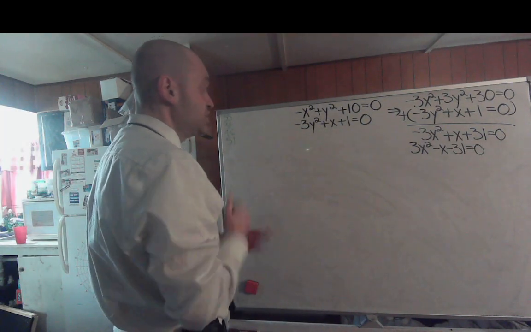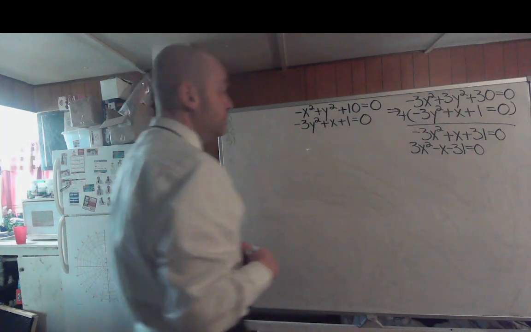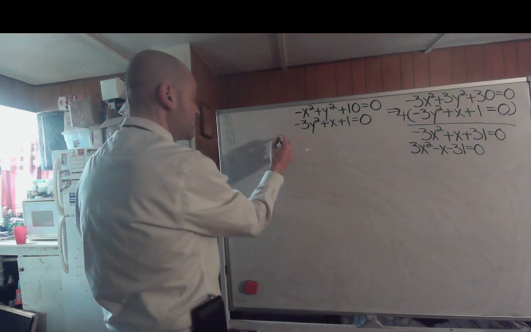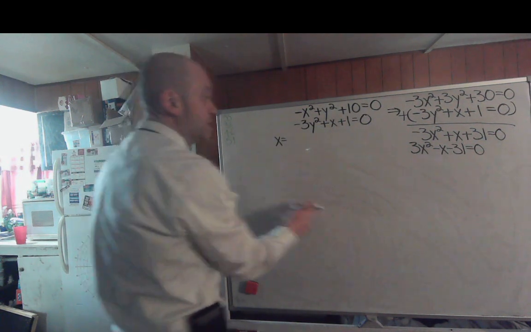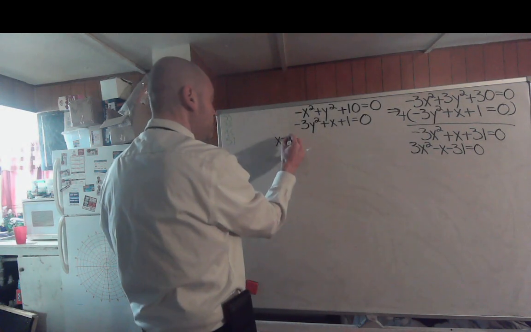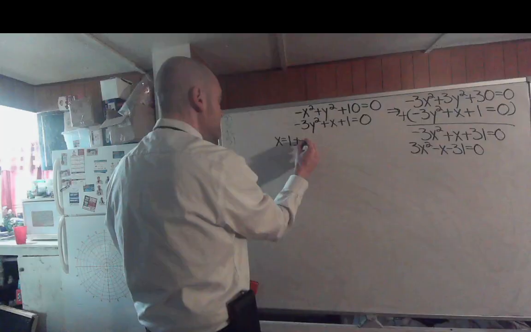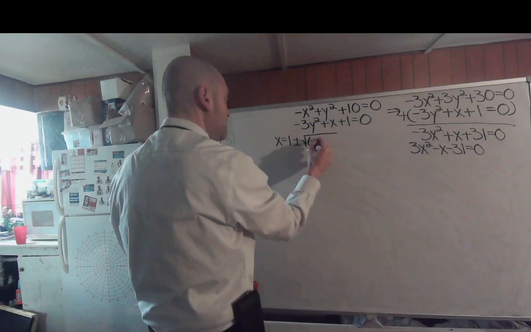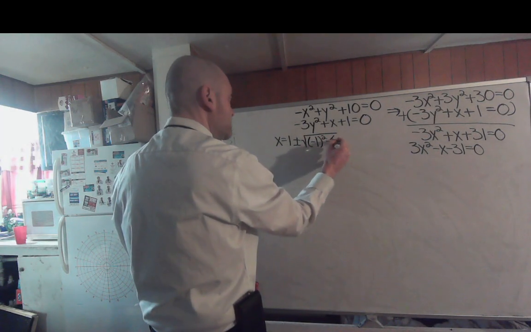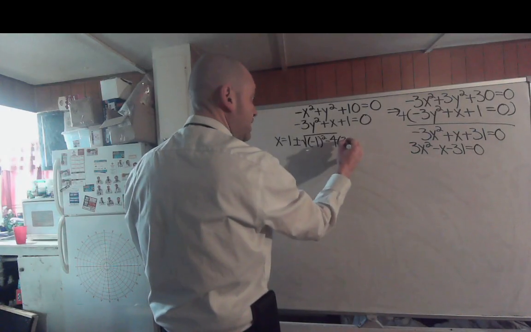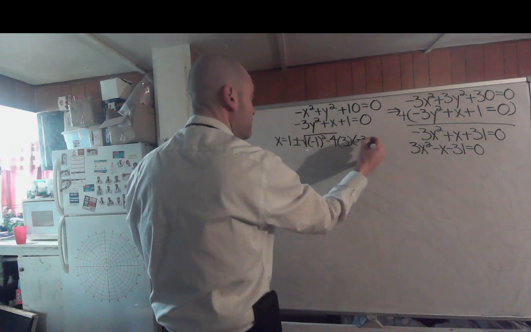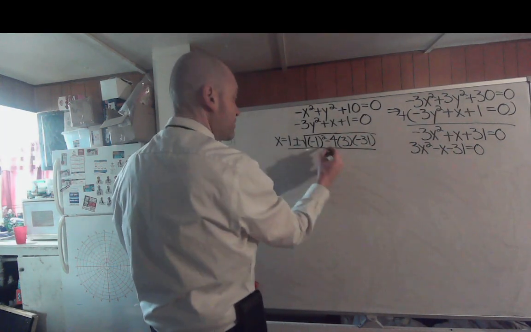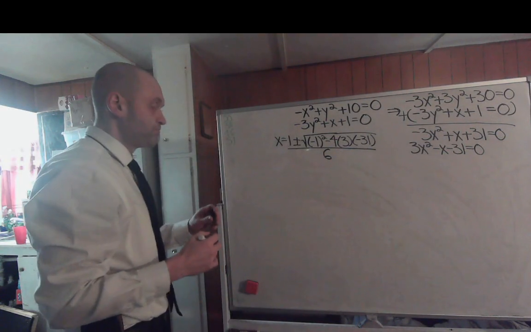So let's do that. Well, unfortunately, we're stuck using the quadratic formula to solve for x. So x would equal the negative of b, negative negative 1, that's positive 1, plus and minus the square root of that b squared, which would be negative 1 squared, minus 4 times your a of 3 times your c of negative 31, all over 2 times your a of 3, which would actually be 6.